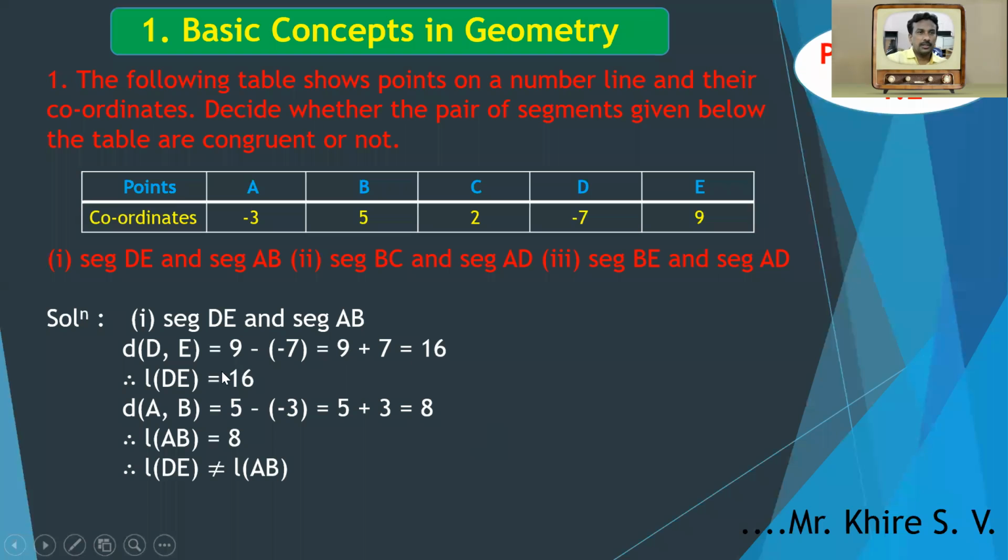Now we can compare these two lengths. Length DE is 16 and length AB is 8. 16 is not equal to 8, therefore length DE is not equal to length AB, and therefore segment DE and segment AB are not congruent segments. Got it?